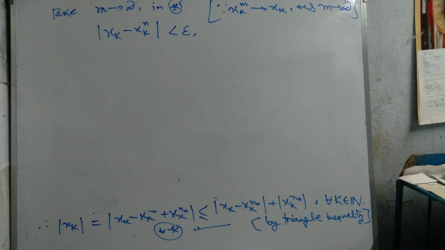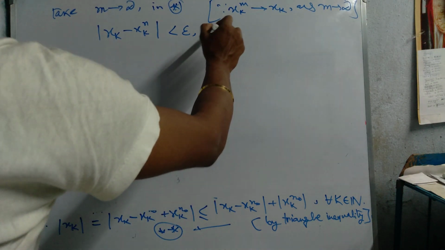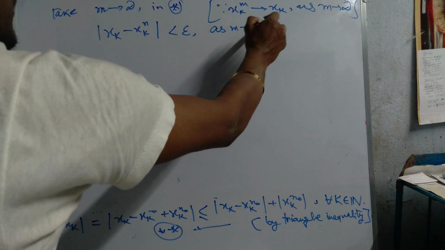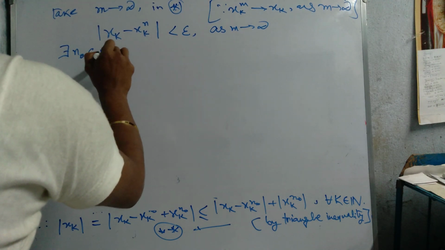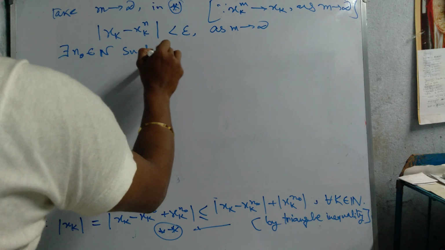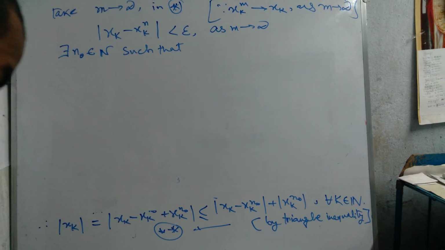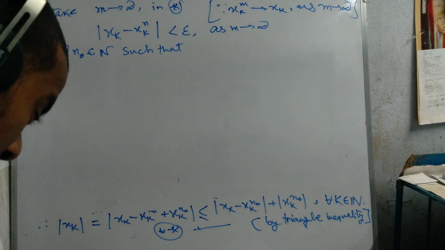Then as m tends to infinity, we write there exists n0 belonging to N such that what happened?